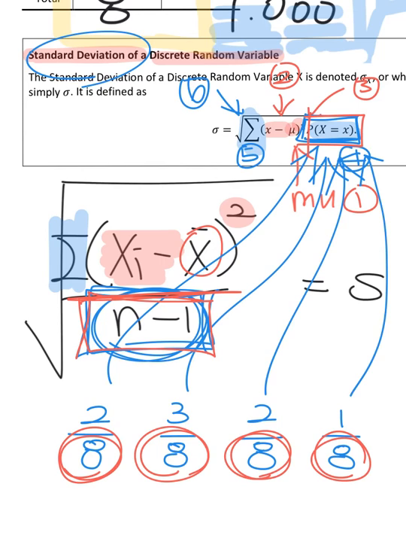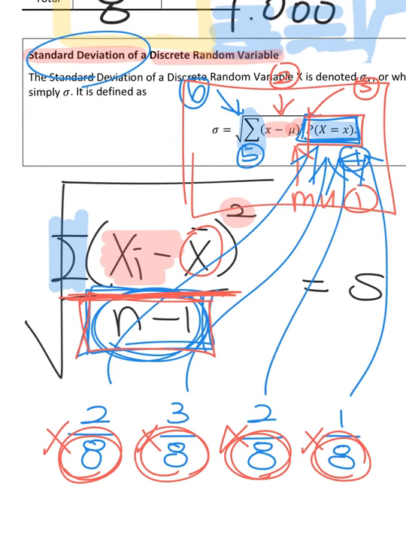Actually the multiplication times the probability is the same procedure as the division by n minus 1. But before, we divided by 7, not 8. But now, we are doing division by 8. That is the only difference.